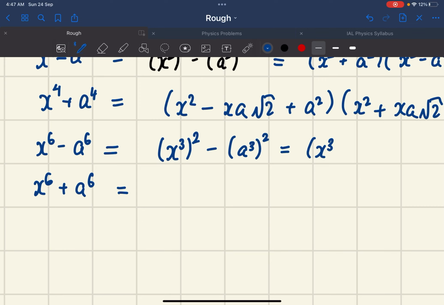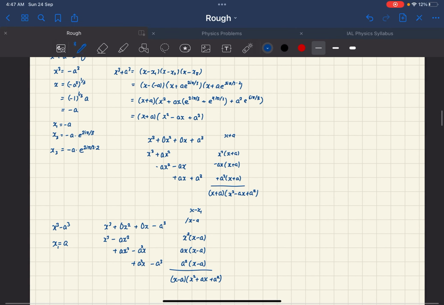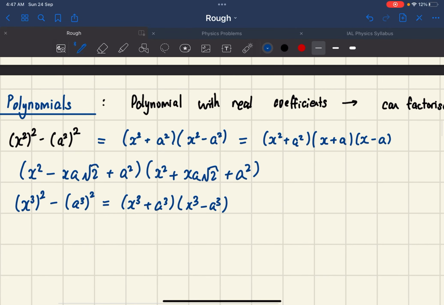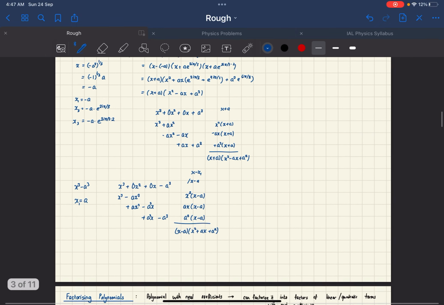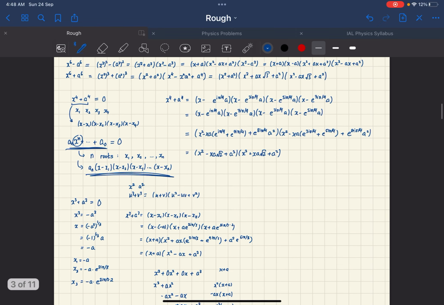It served us well. And now we have these two factors, x cubed plus a cubed, x cubed minus a cubed. If we can find each polynomial's roots, we can factorize it yet again, multiplying together the complex conjugates.